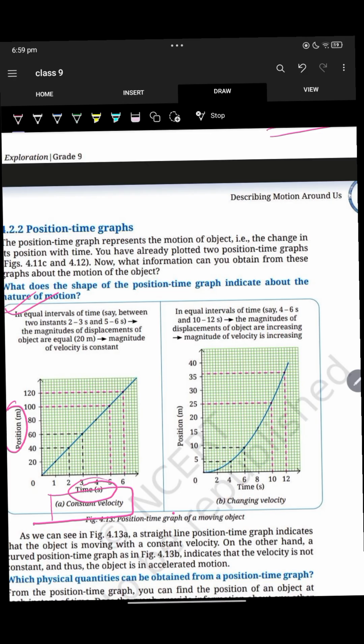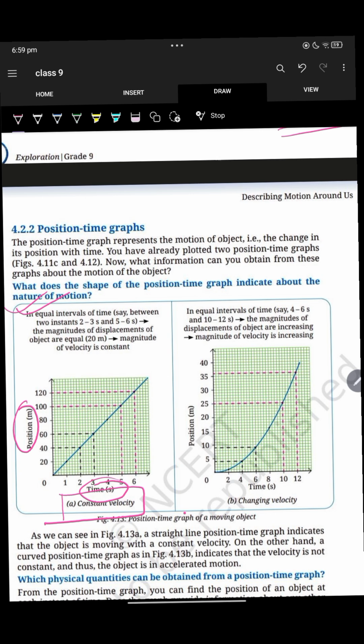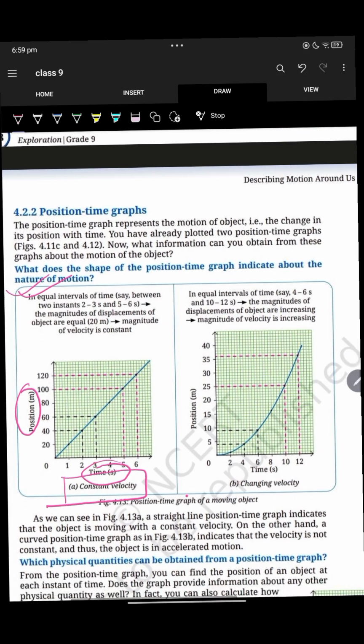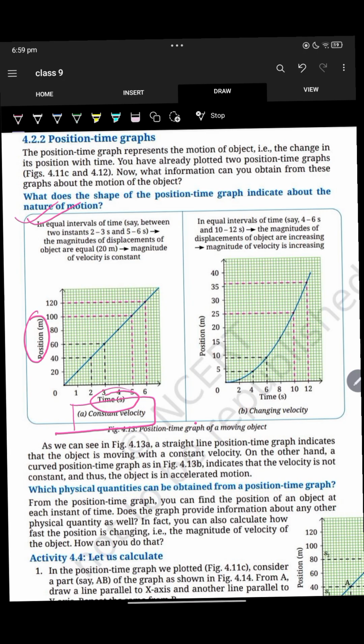And this is showing changing velocity or different velocity. Now, for this, you have to understand that if the plot is given, you may be told to analyze the plot. And how will you analyze the plot? You have to see the nature of the plot and judge accordingly.